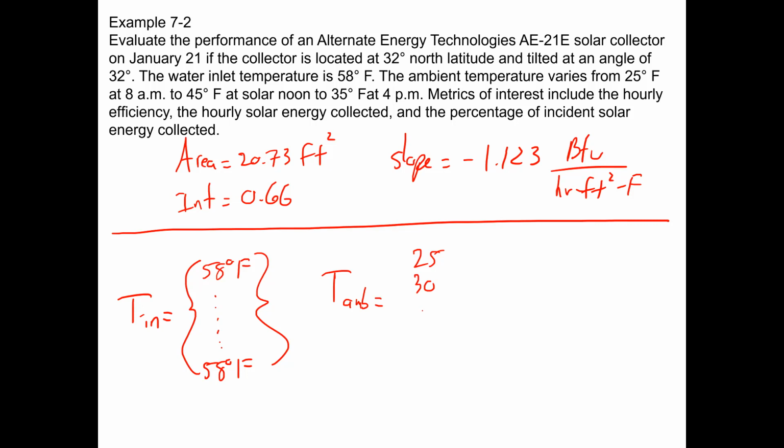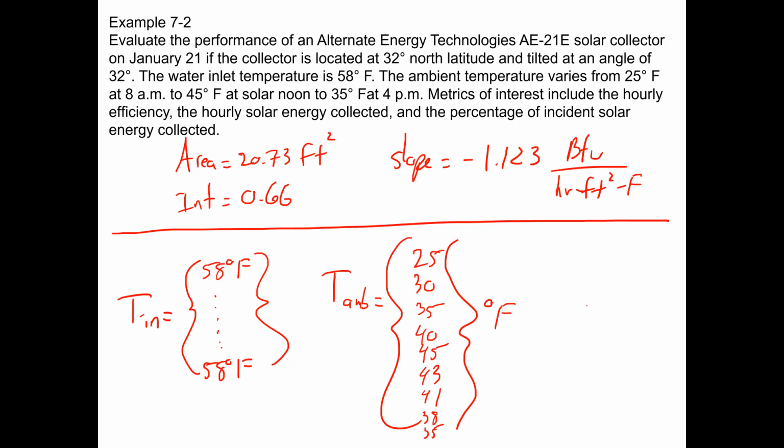So 30 at 9 a.m., 35 at 10 a.m., 40 at 11 a.m., 45 at noon, and then incrementally decrease it until it hits 35 degrees Fahrenheit at 4 o'clock in the afternoon. So that would give me 43 degrees, 41, 38, and 35. So again, that's in degrees Fahrenheit.